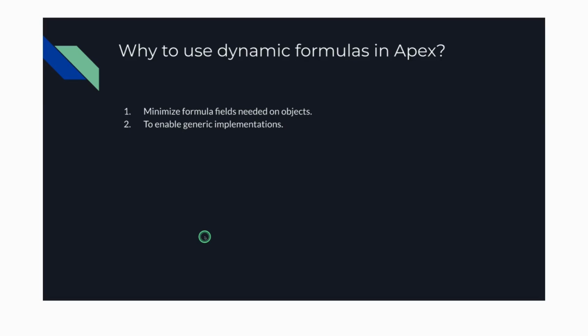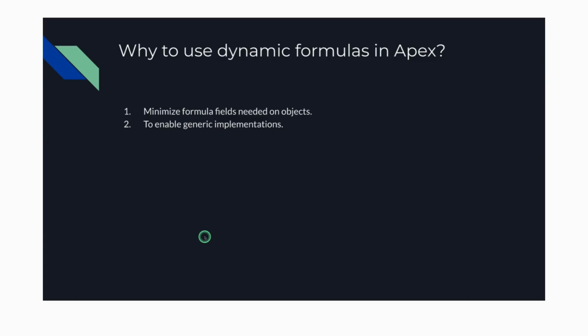Formula fields provide great flexibility, and because of that flexibility, developers and admins tend to create multiple formula fields, even sometimes when those are not necessary. By making use of dynamic formulas, we can minimize the number of formula fields needed on the objects. It will help to improve the performance. And then it can help to enable generic implementation.